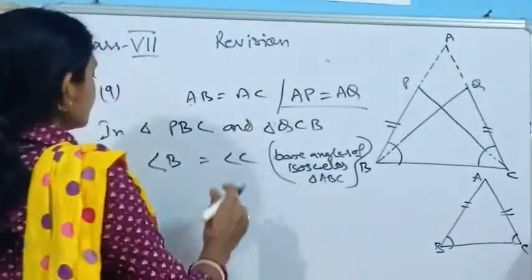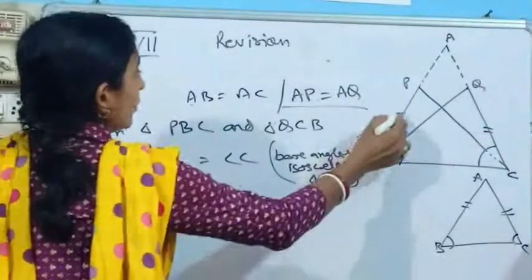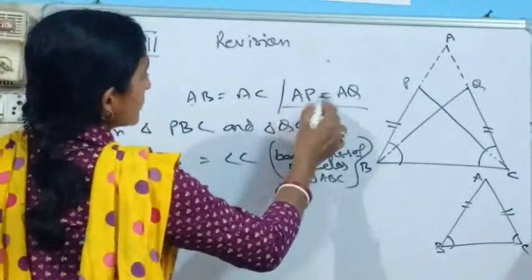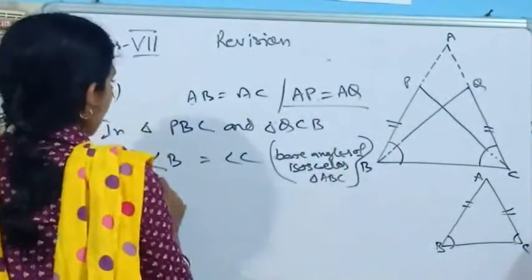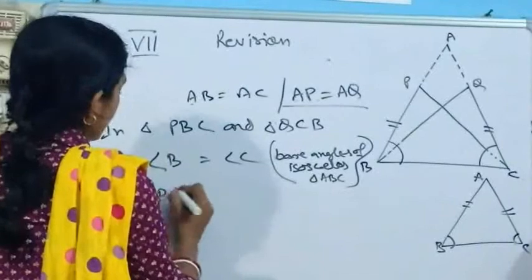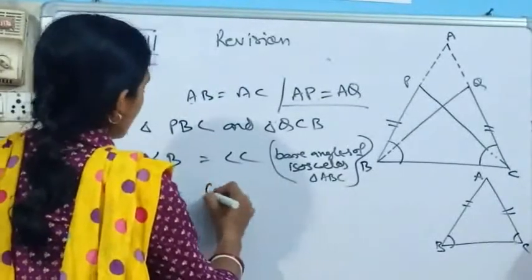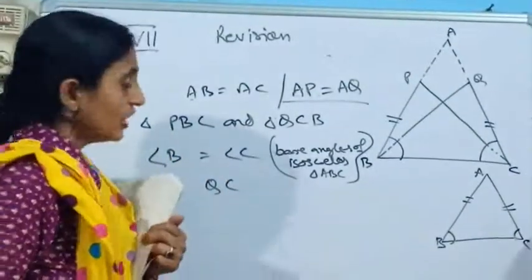Now that angle I had written. Now already we have seen, if I have removed this AP and AQ from AB and AC, so definitely BP will be equal to QC. That one also we can write. How?